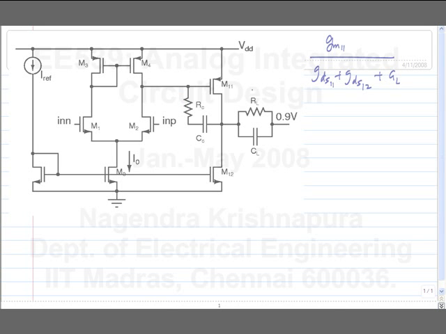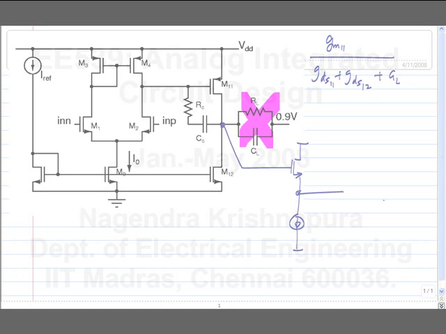Now, even for minimum length devices, the intrinsic gain of the amplifier will be of the order of 10 or 20. Okay. So, you can expect GDS11 and GDS12 to be still smaller than GL. Now, the problem with using a voltage follower is, let's say, instead of this load, I have a voltage follower.